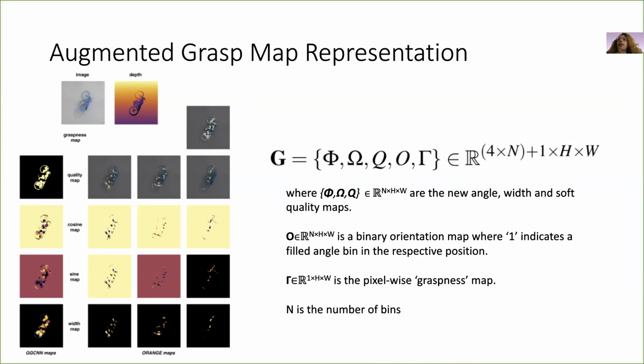This leads us to an augmented grasp map representation that contains the new angle, width, and soft quality maps, a new binary orientation map, and a pixel-wise graspness map that contains ones on the positions of the grasp centers.